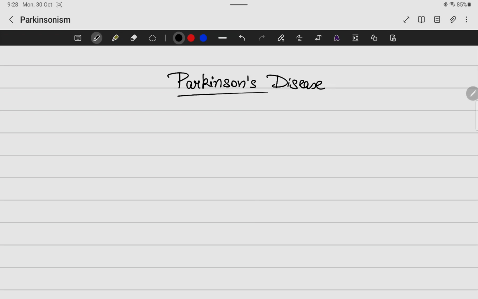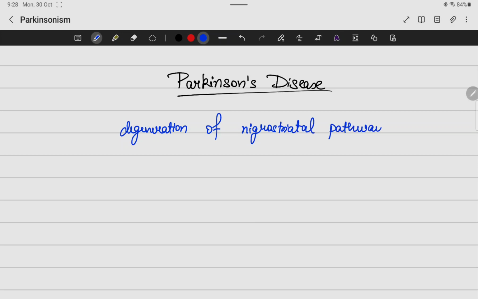It is a neurodegenerative disorder in which there is destruction or degeneration of the inhibitory nigrostriatal pathway. Now, this nigrostriatal pathway is responsible for releasing the inhibitory neurotransmitter dopamine.